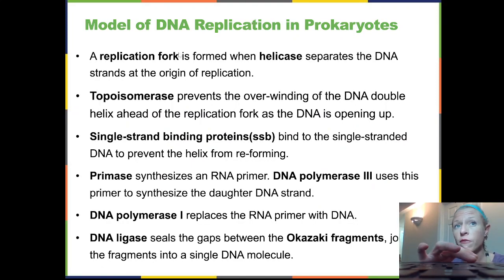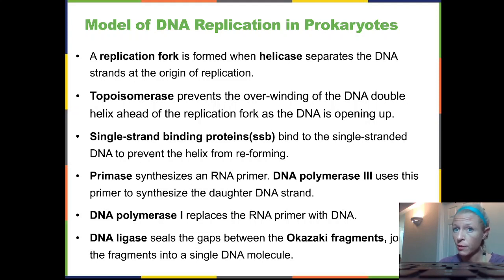So a replication fork is going to form when helicase separates the DNA strands at the origin of replication. Topoisomerase prevents the overwinding of DNA, and single-stranded binding proteins secure the single strands to prevent the helix from reforming.